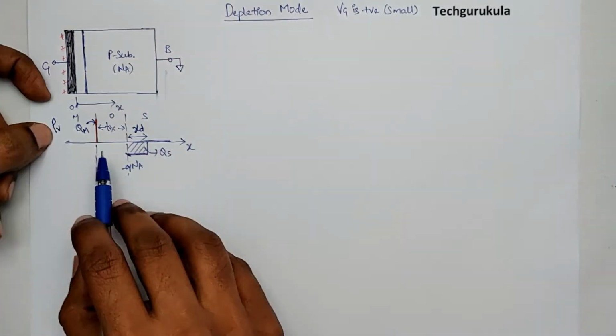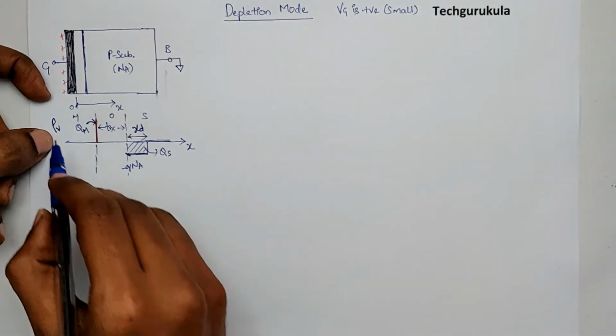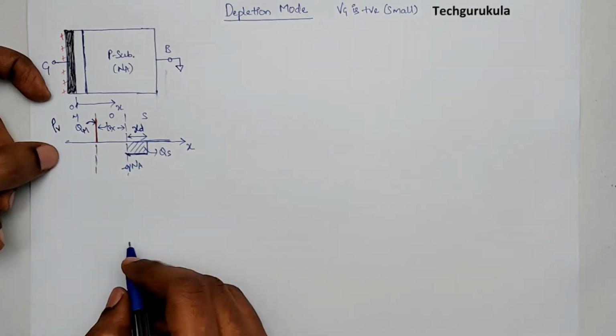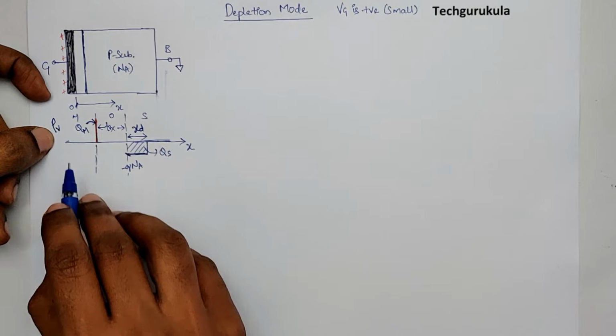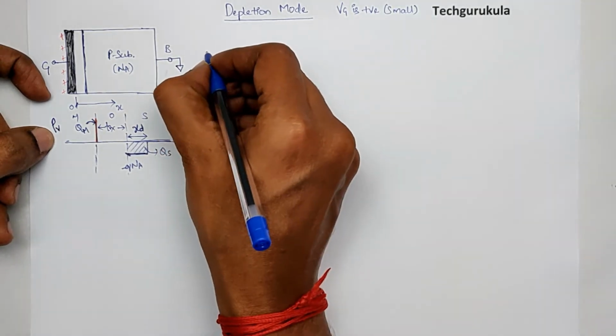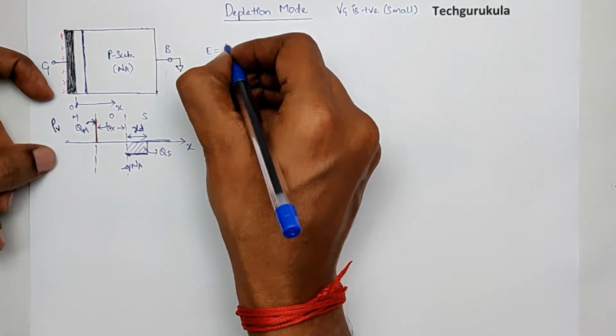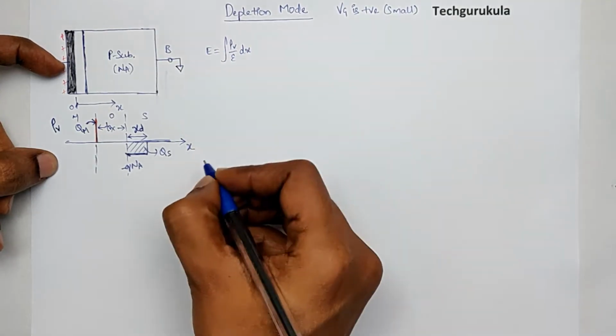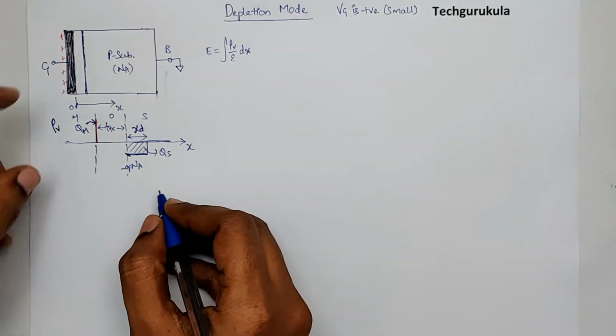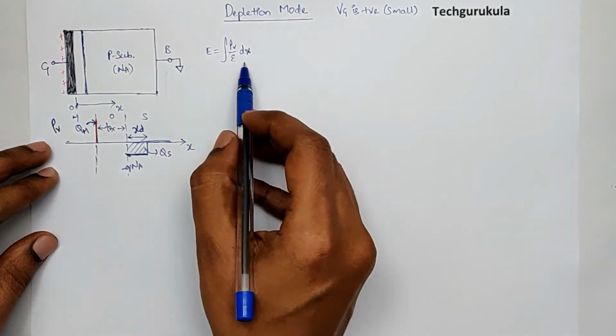This is the charge density, which is given by rho V. Now once we know the charge density, we can find the electric field, which is given by the integral of rho V over epsilon times dx. So if we do that, we can find the electric field.